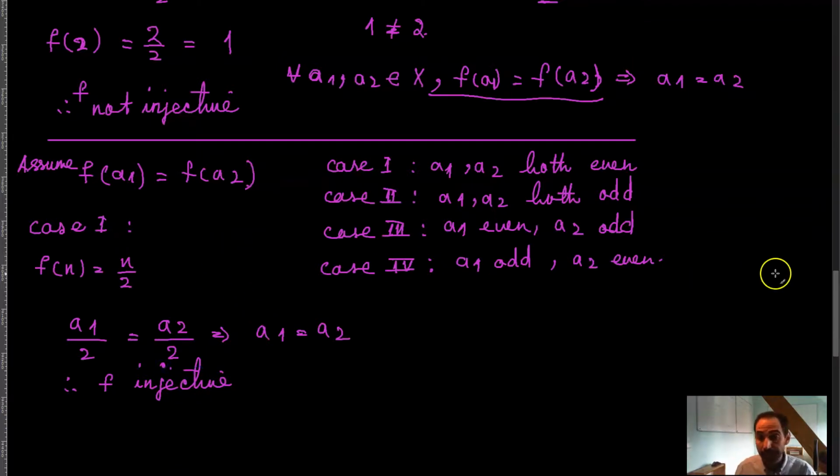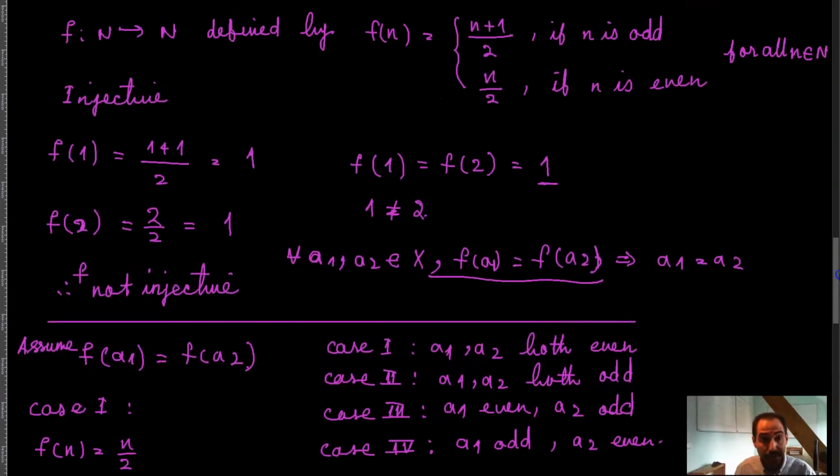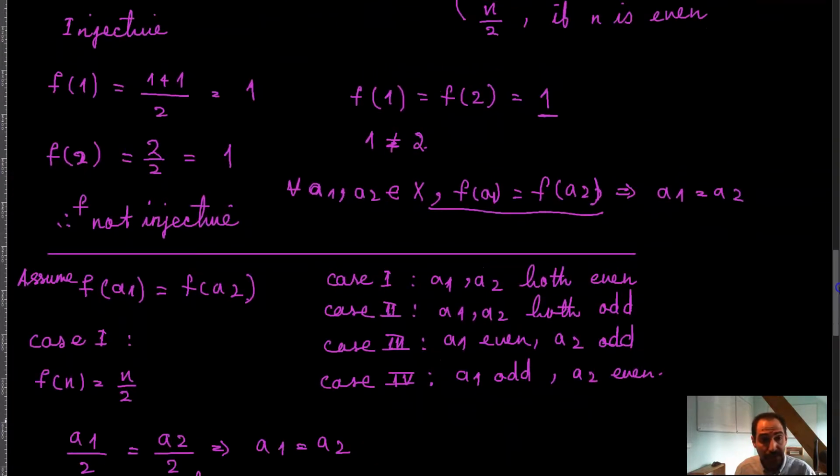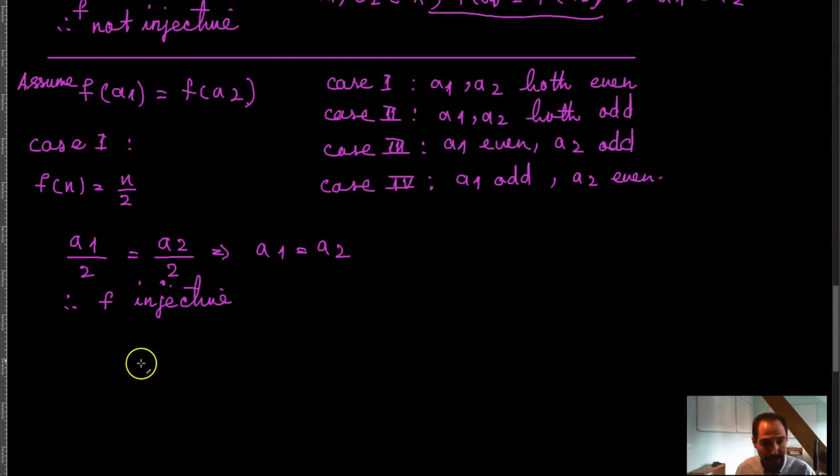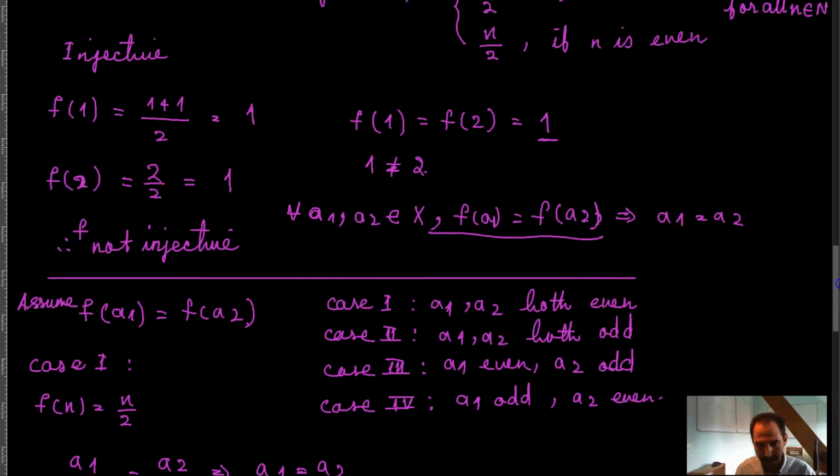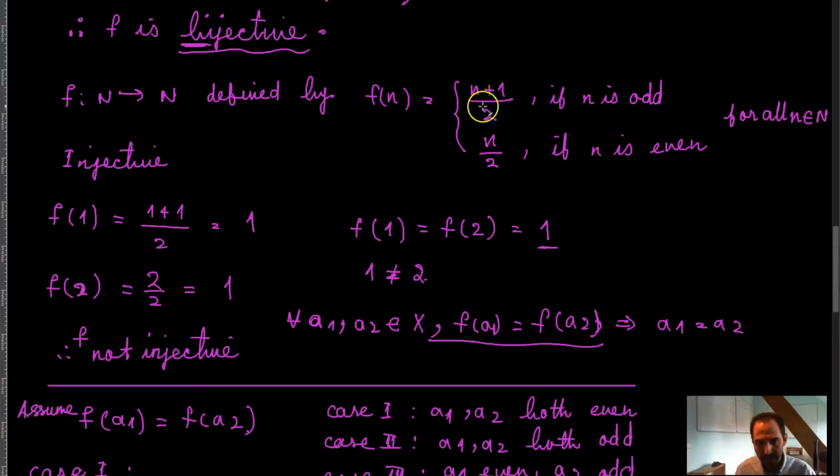Now, for case number two, we said that both a1 and a2 are odd, which means that I have to use this part of the function, n plus 1 divided by 2.